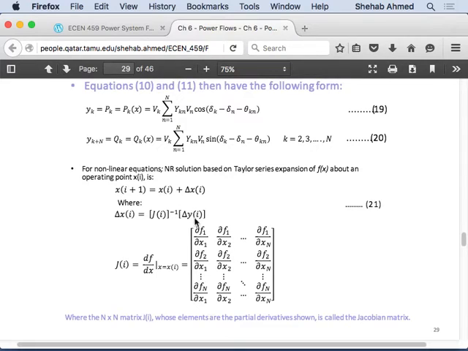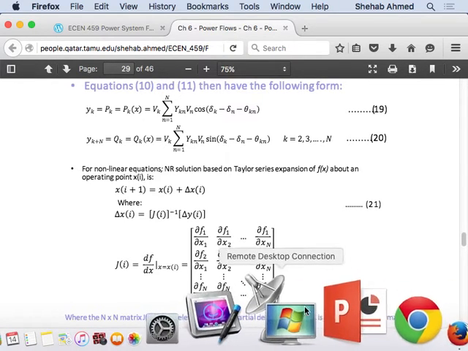Your delta y's are the subtraction of your known powers from the summations. Delta y is the difference between the known pk and qk and the summation.